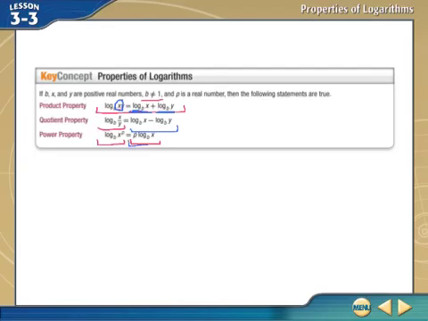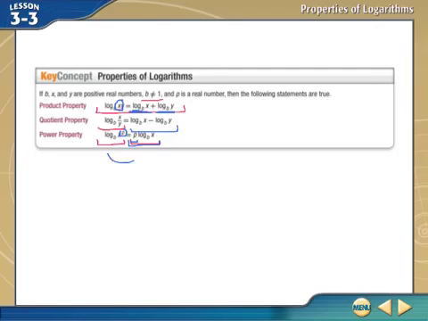And then for the power property, if I have a number that I'm multiplying out in front of a logarithm, that number can be rewritten as the power of whatever input is of our logarithm. So we could say that p times log base b of x is the same as log base b of x to the p power.